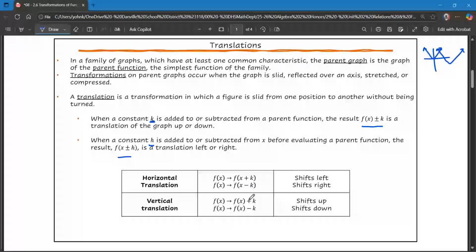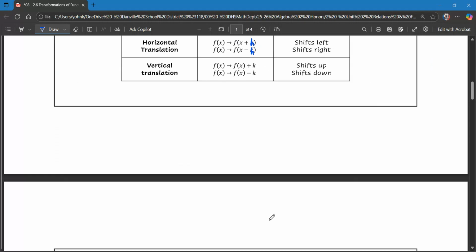Oh, my bad, these are supposed to be h's. There we go. H's and k's. H's are being added or subtracted from the x, and k's are being added or subtracted from the y's, or in this case, f of x's. So as long as you can remember that the inside is right and left, the outside is up and down, it helps you graph functions quicker.